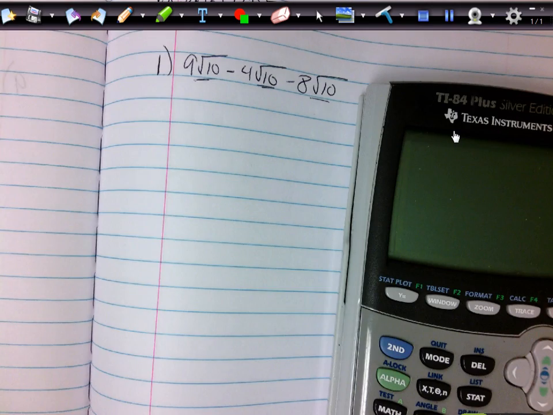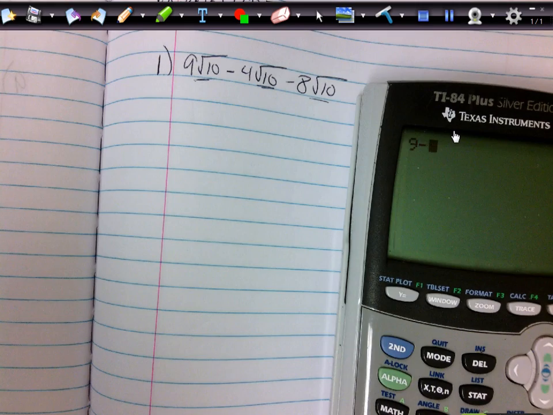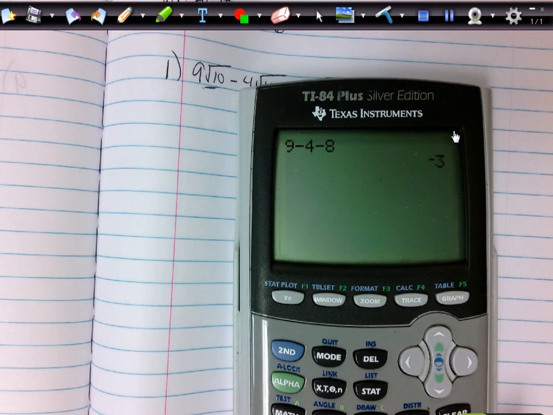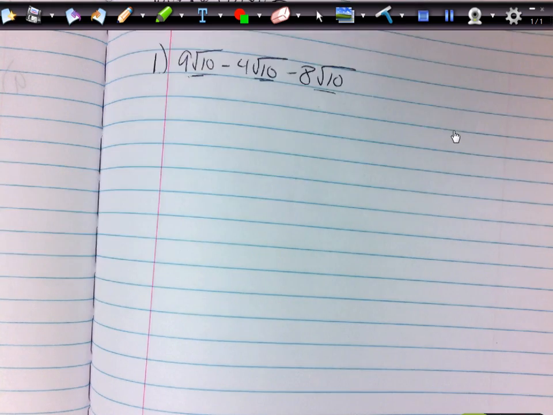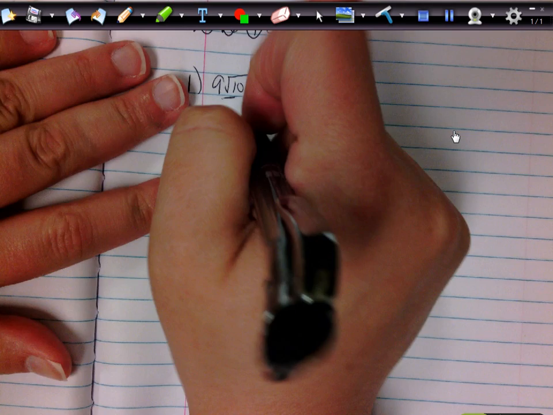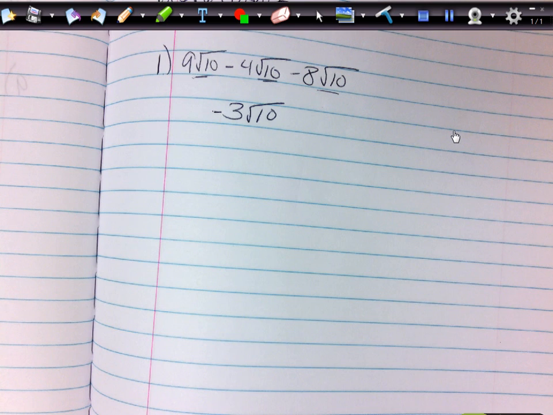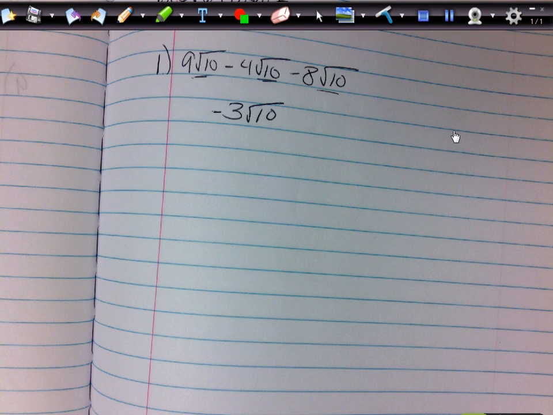So we're going to say 9 minus 4 minus 8, and that's going to give us negative 3. So this is going to be negative 3 square root of 10, and that is my final answer. Please make sure you have all of that written down before you move on.